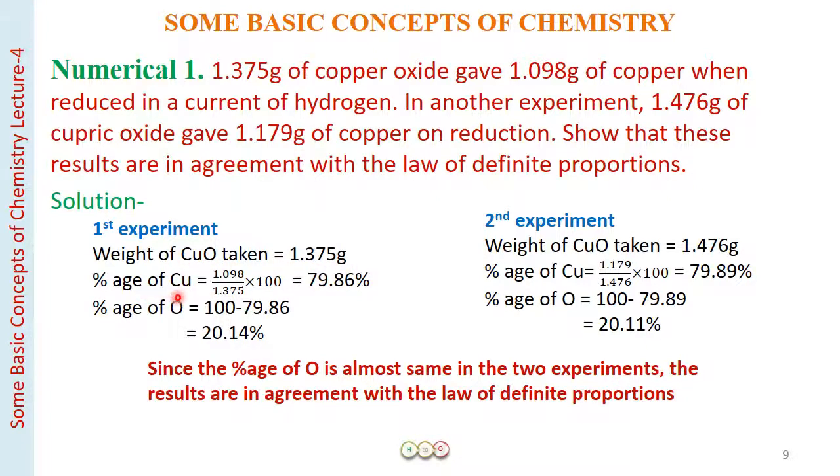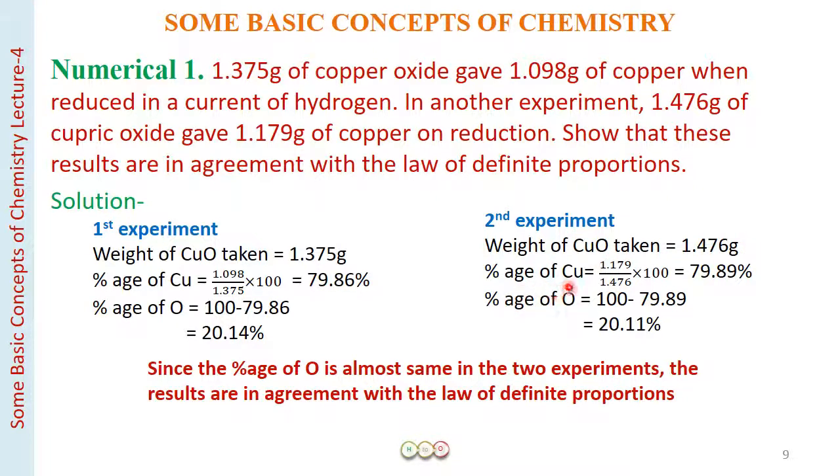The percentage of copper would be how much? 1.098, which is given to us, divided by 1.375 into 100, this comes to 79.86%, and the percentage of oxygen is 100 minus the percentage of copper, so this comes to 20.14%.